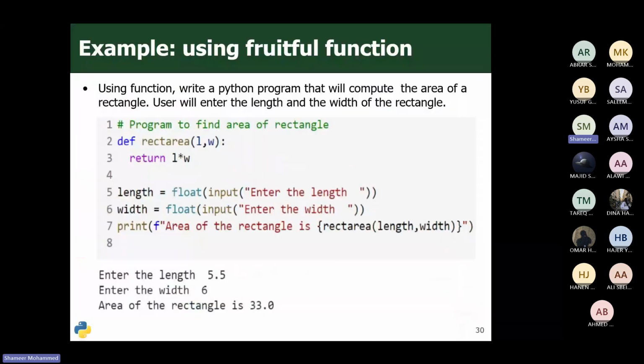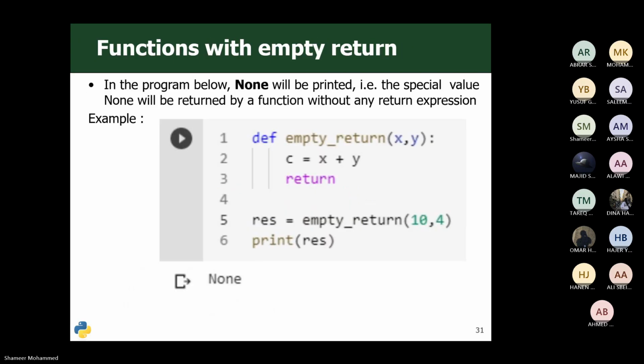Here they are asking you to do for a rectangle. I am giving the same for triangle. Now see here, this function will not return any value. It will return none because you have not written C. If you write here return C, then the answer will come.